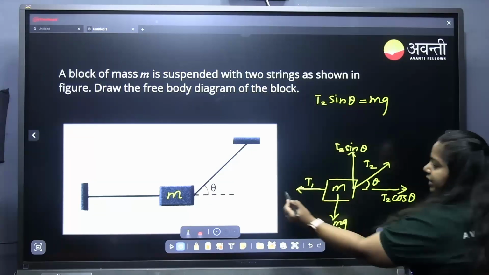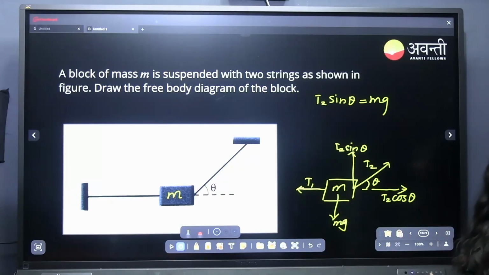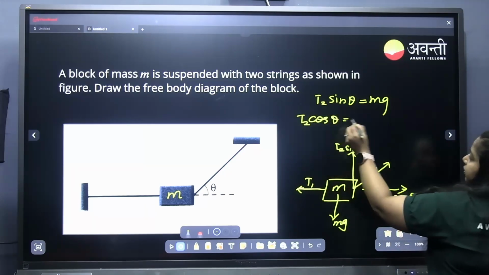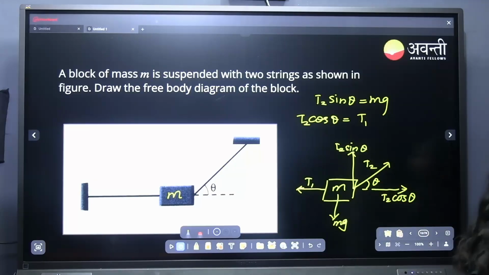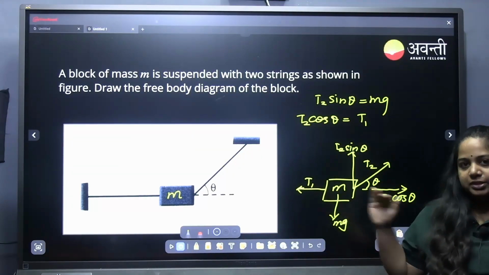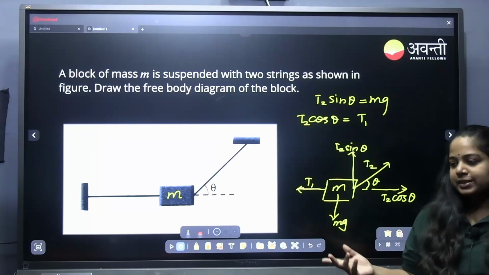Then T1 is acting in this direction and T2 cos theta in this direction, so they are also cancelling out. We can say T2 cos theta equals T1, and using these, whatever we want to solve, we can solve. Okay, so this is how we approach the question.